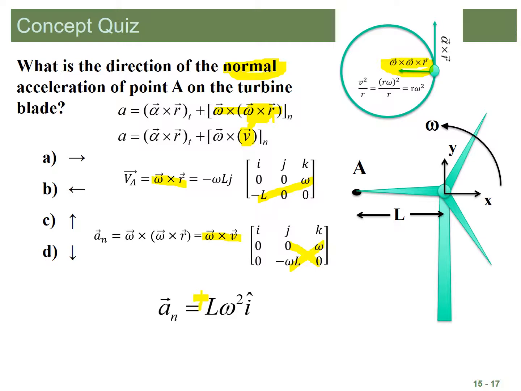So positive L omega i. If we drew that in here, we would be going in the positive i direction. So that would be our normal. And remember, the normal piece of the acceleration always points towards the axis of rotation. So which one is that, A, B, C, or D? That would be A. So we're just going straight in the normal direction over here.